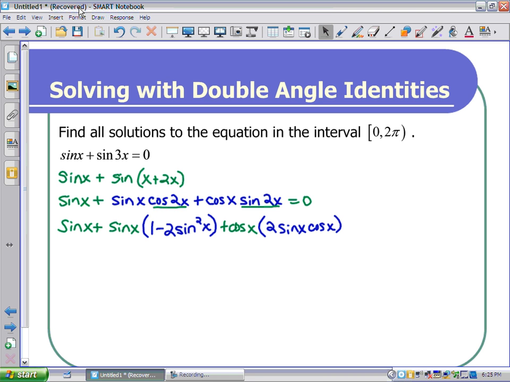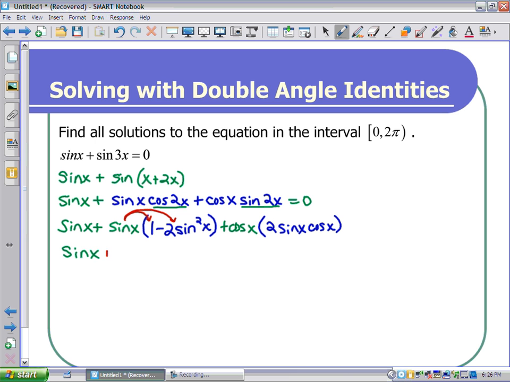All right, so we are going to combine our like terms here. So we have sine x. Before we can combine like terms, I apologize, we need to distribute. Sine x is going to be multiplied into the parentheses here.